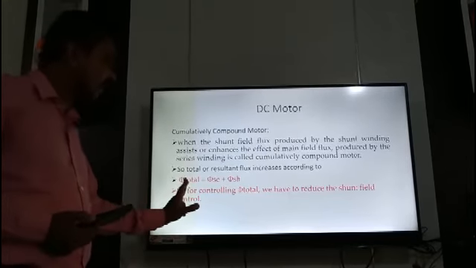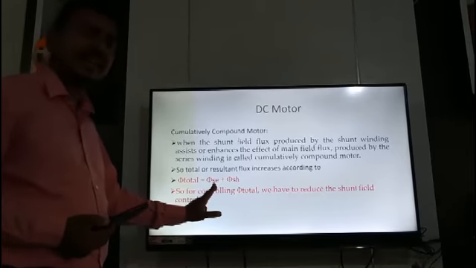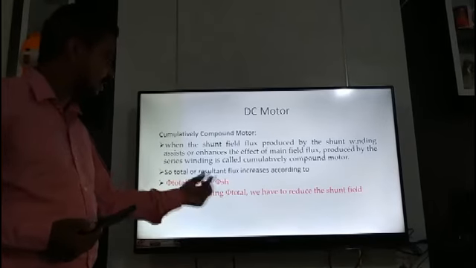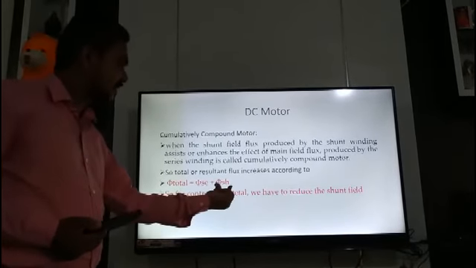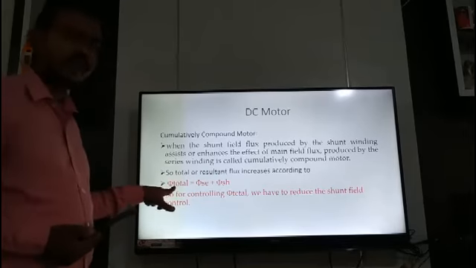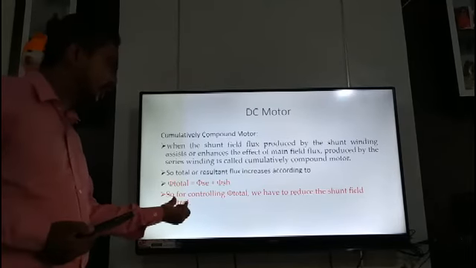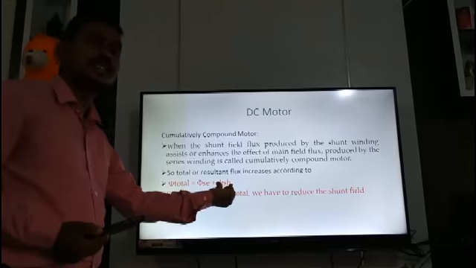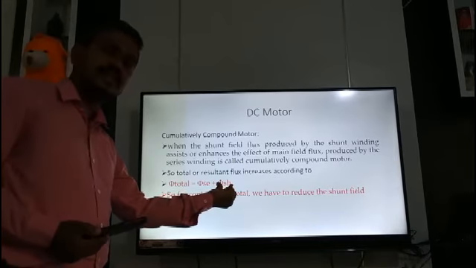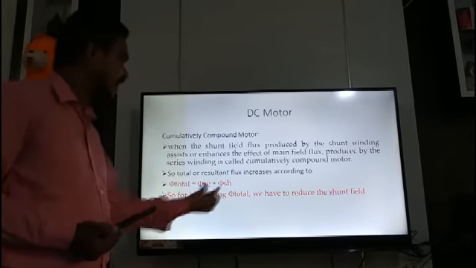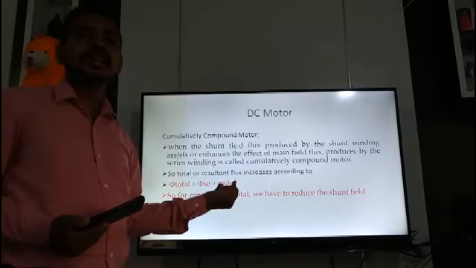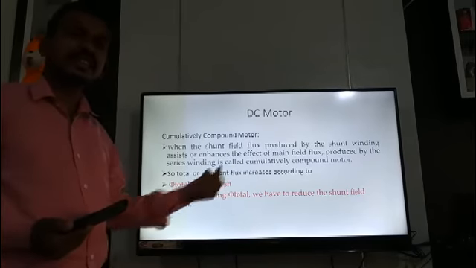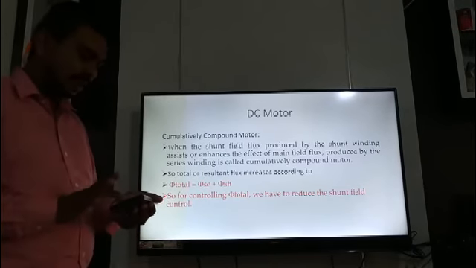So phi total is equal to phi SC plus phi SH, the series field flux plus the shunt field flux. Now if we want to control this total flux, we have to reduce the shunt field flux, by reducing the shunt field current or the field excitation given to the field winding.